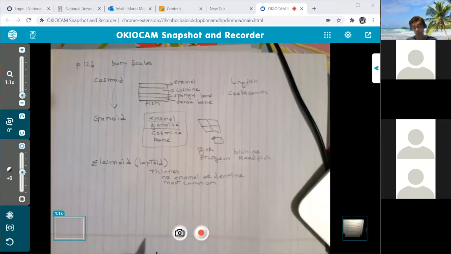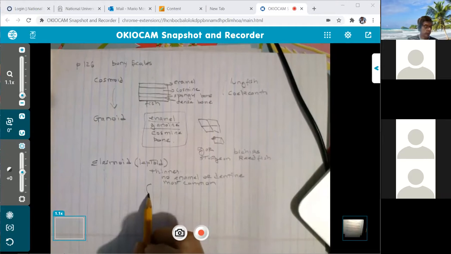Now, when these grow, they add concentric layers, just like the rings on a tree trunk. So you could age the fish by counting layers. And the way that they overlap is almost like tiles on a roof.